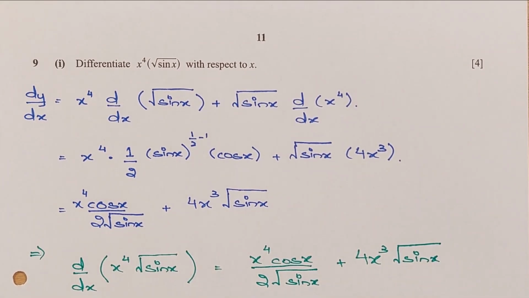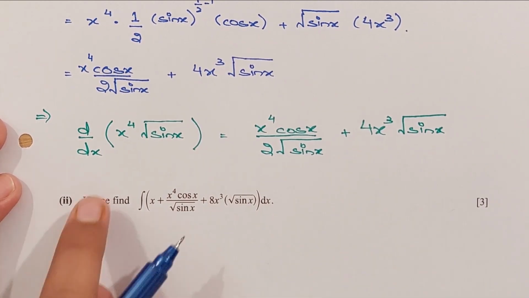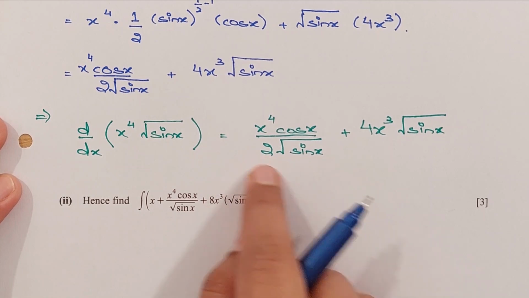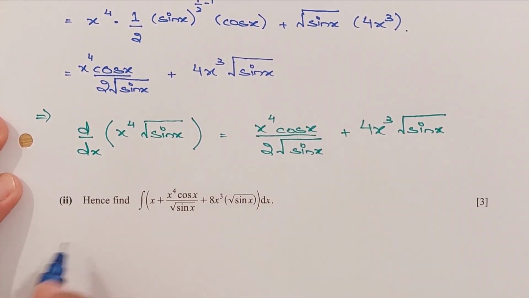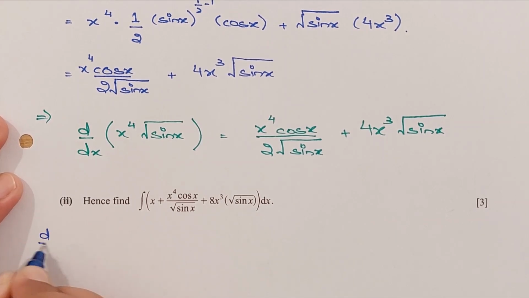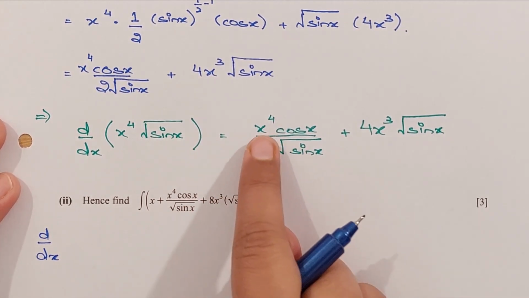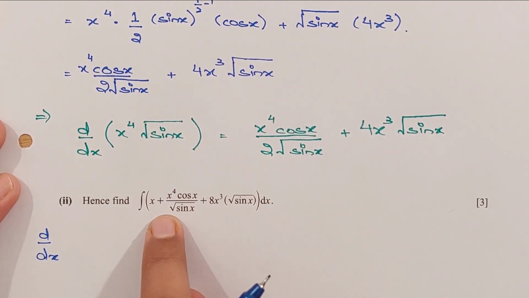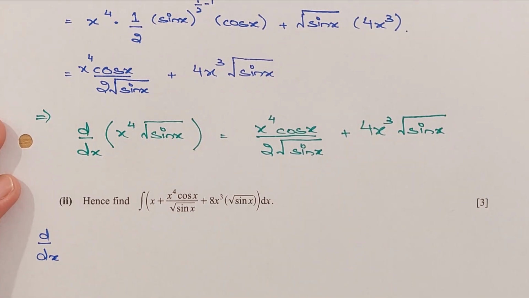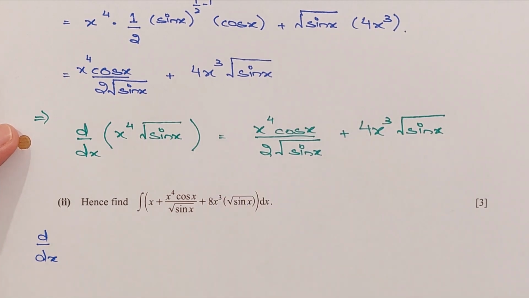Right. Now for the second part, hence find the integration of this function. Okay, so we have to use the answer from part A. So this is the function and we have this as well. Okay, so if I rewrite this, d by dx of, as you can see, when we have to find this, x power 4 cos x and square root of sine x, so we have 2, so we need to multiply it by 2, because 4 times 2 is 8 and 2 divides 2 is 2.